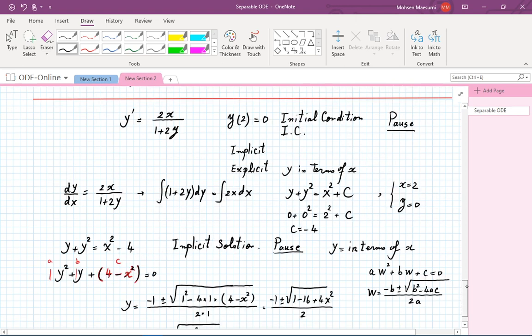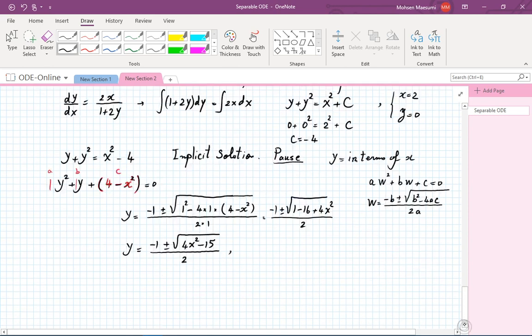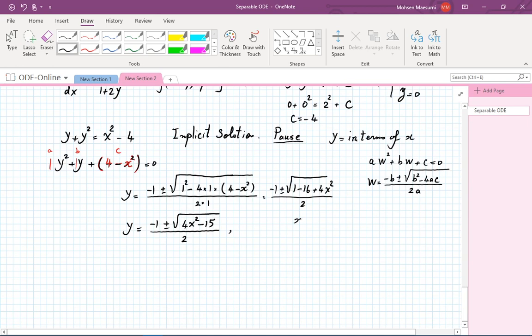Your final answer should subscribe to your initial condition. And so if you have plus or minuses, you check yourself which one of the answers that you have actually agrees with the initial condition. You just choose that. So if I have x equal 2, y equal 0, this specification, what choice does it give you between plus and minus?